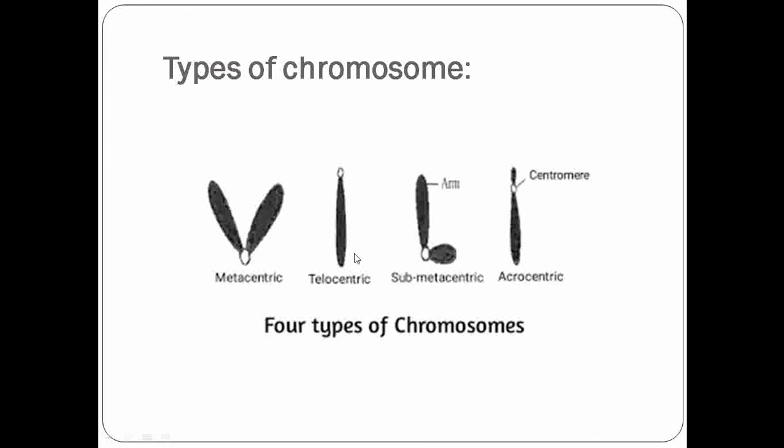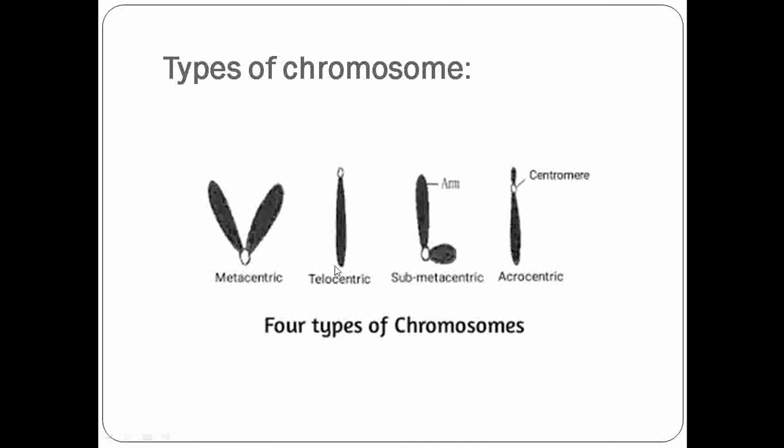So there are 4 types: metacentric, telocentric, submetacentric and acrocentric. If the centromere is present exactly at the middle, which gives the chromosome a V-shaped appearance, it is called metacentric.